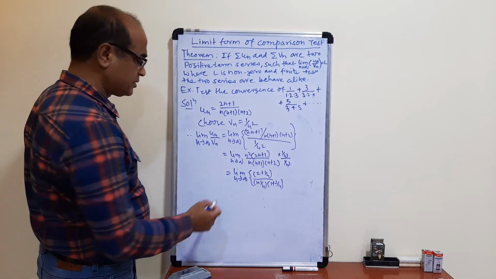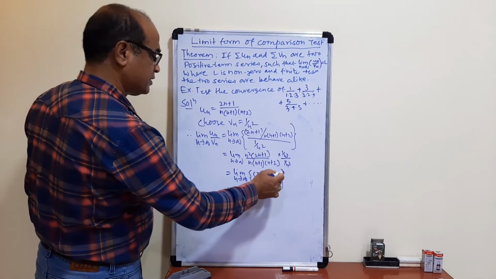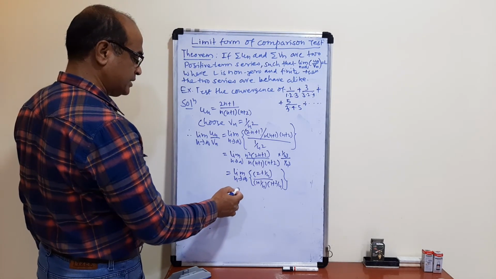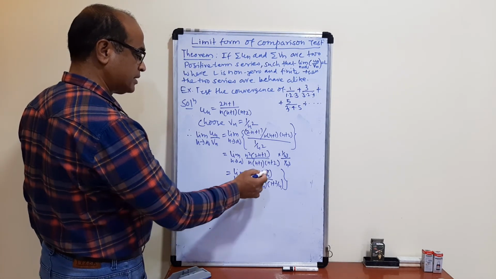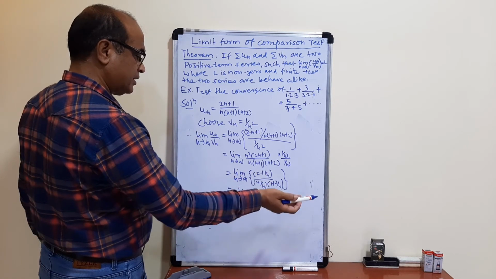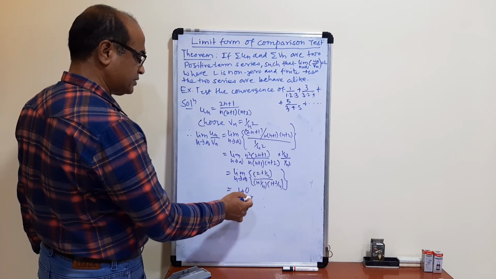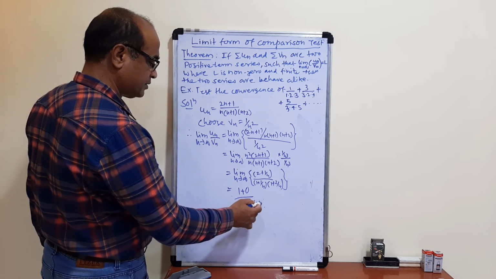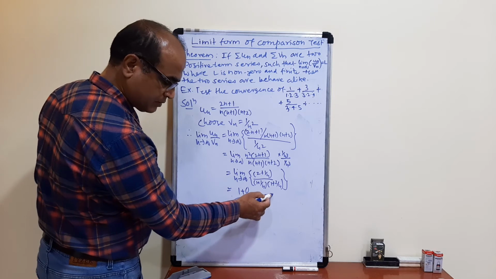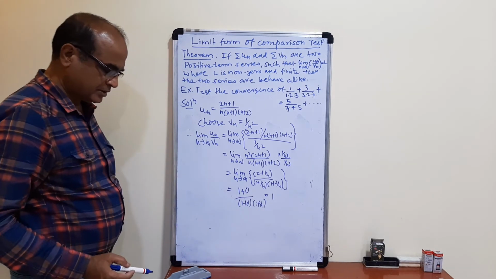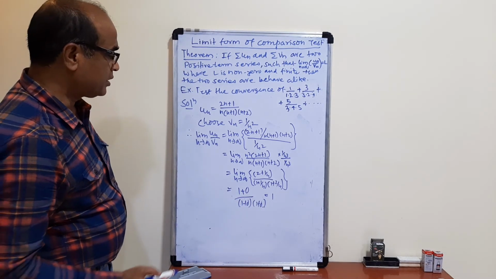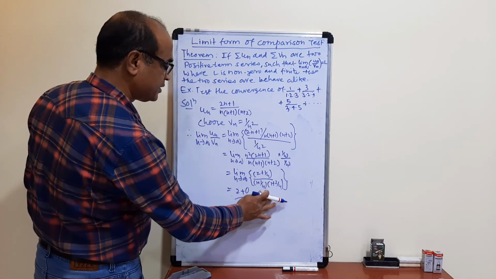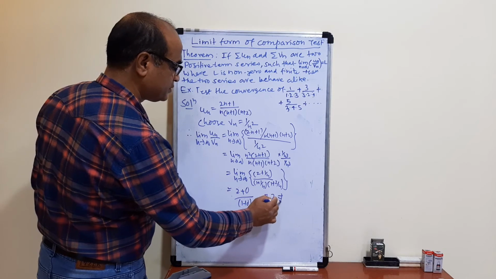So then, the limit as n tends to infinity: 1 upon n tends to 0. So this is 1 plus 0, 1 plus 0, which gives 1 here, and 2 here. So this limit is 2, which is not equal to 0.